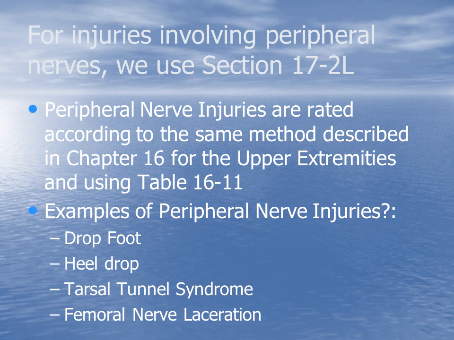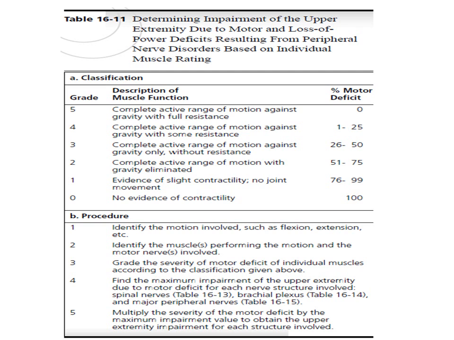And I talk about that at great length in a different program. But for these types of injuries, we use Section 17-2L, and it's the same procedure that we use in Chapter 16 for determining impairments due to peripheral nerve injuries to the upper extremities. And I give you several examples of that as we go along here.